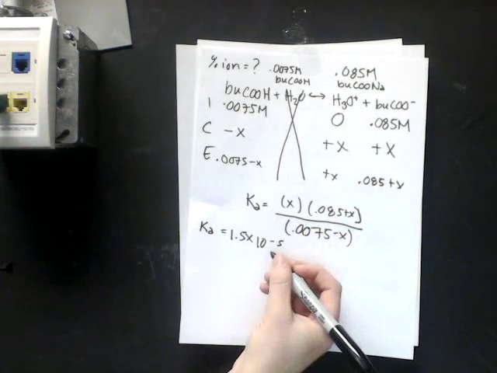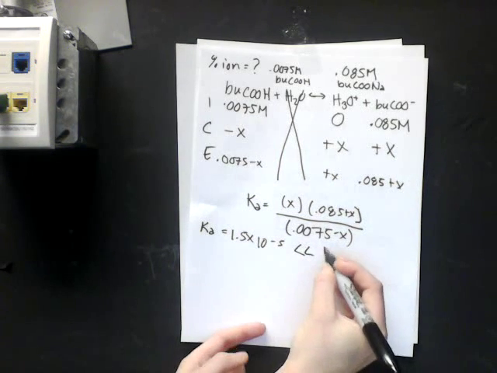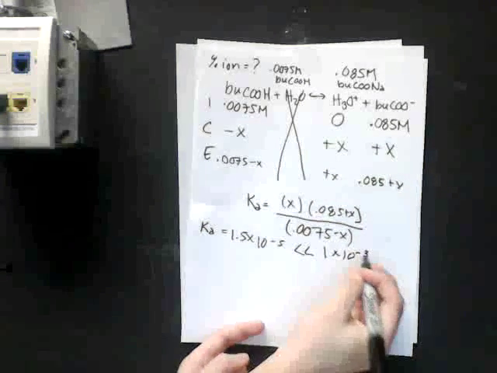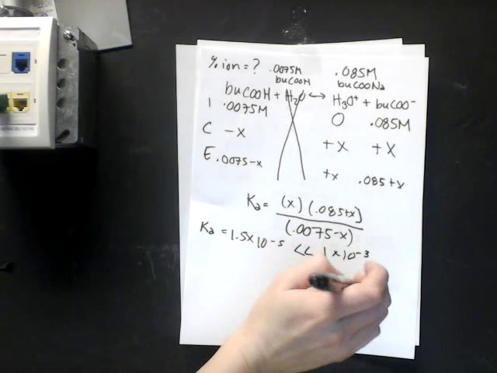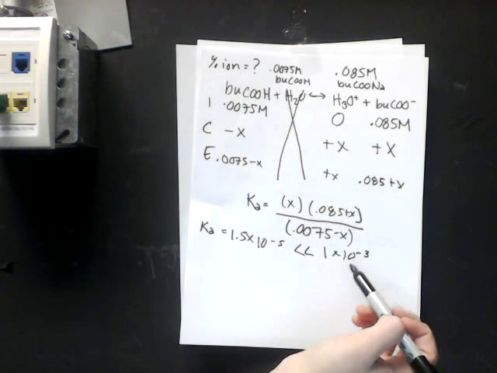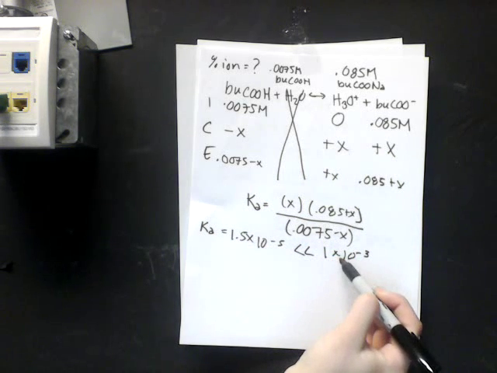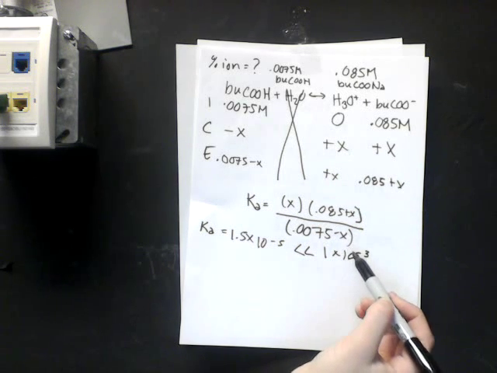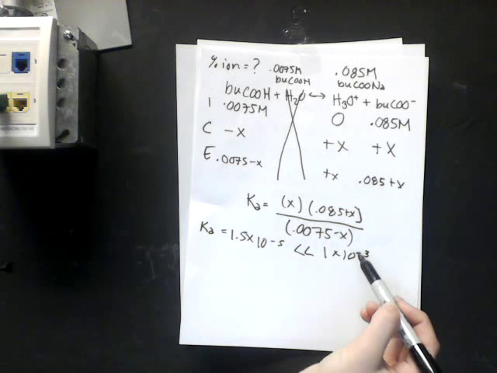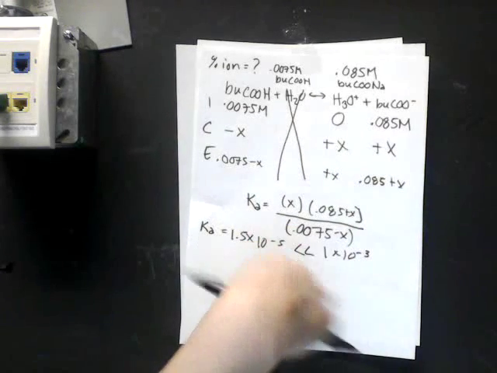If this is smaller than 1 times 10 to the negative 3, then I can get rid of this X, right? Now, here's a trick. Anytime you apply this rule where it says Ka is so much smaller than 1 times 10 to the negative 3, you can get rid of everything that is added and everything that is subtracted. Multiplication and division will not be part of this rule.